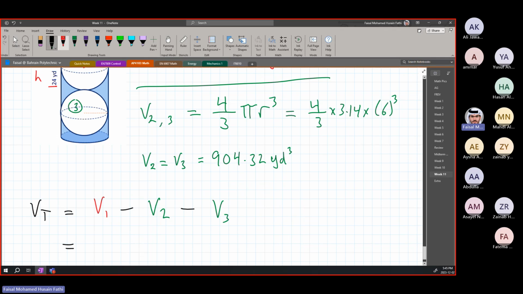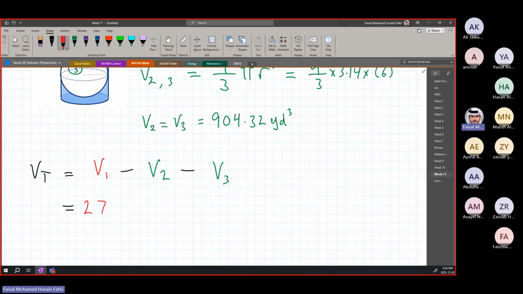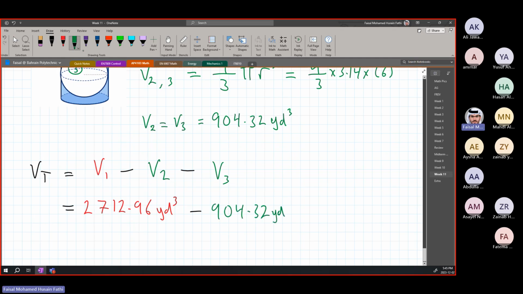It's equal to V1. What is our V1? 2712.96 yards cubed, or cubic yards, minus V2 is 904.32 cubic yards. Again, minus what's V3?